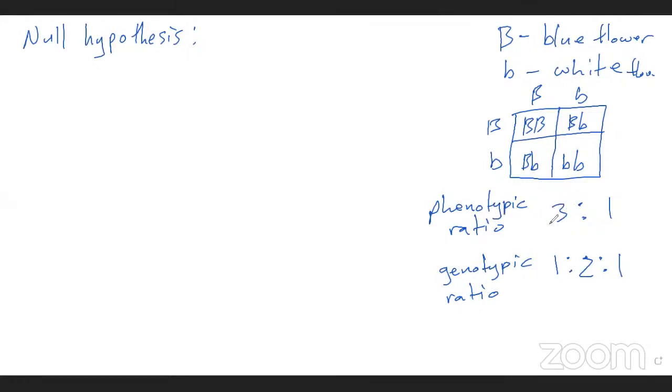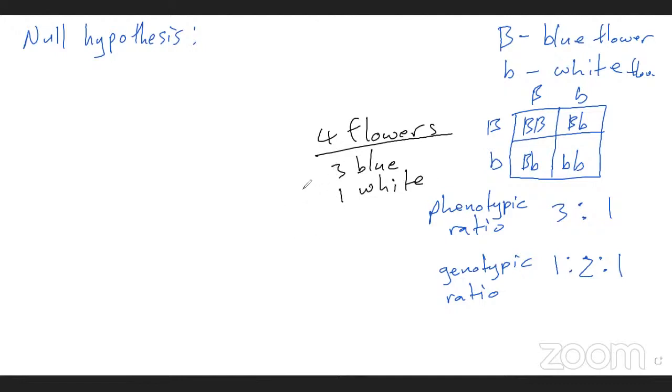If you have 4 flowers, out of the 4, how many should be blue? 3 would be blue, 1 will be white. Out of 4 flowers, 3 blue and 1 white. In terms of percentage, what percentage should be blue?